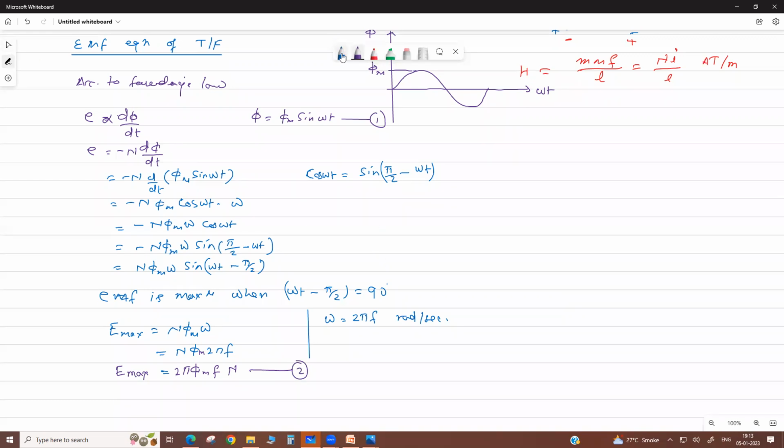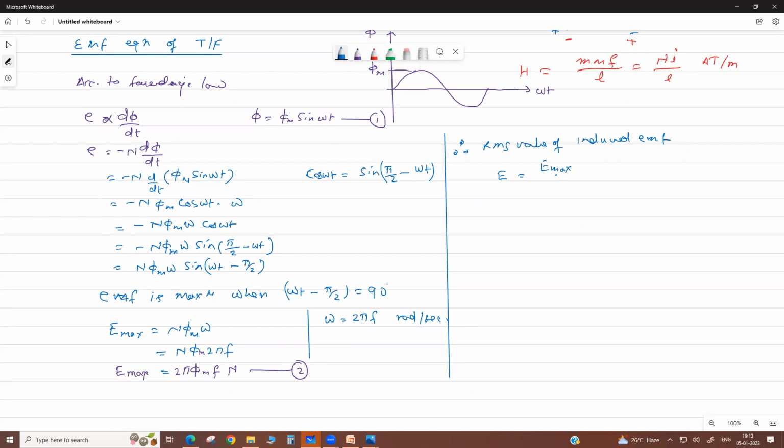Now we calculate the RMS value. Therefore, the RMS value of the induced EMF, that is the general induced EMF, E equals the RMS value. What is the RMS value?